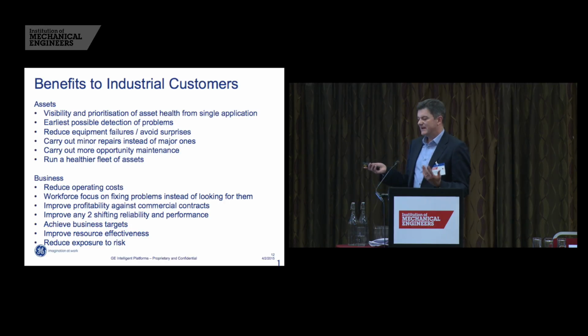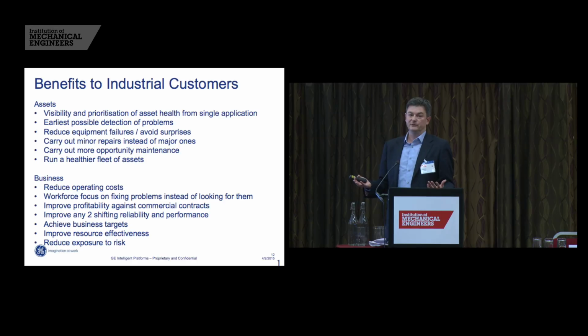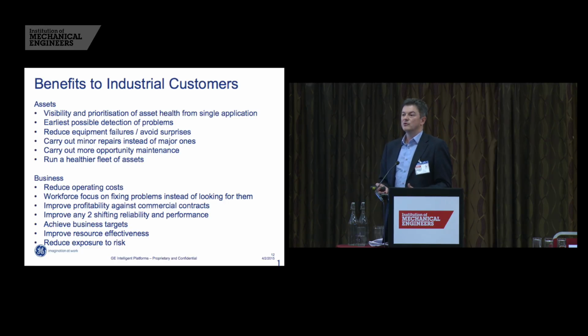And these are the very high level benefits to industrial customers. I mean, the big one that obviously our business tries to push all the while is avoiding catastrophic failure, which it will do, and I'm sure John can touch on some of that, on some of you guys here who know about SmartSignal. But some of the main ones for me are, I've got a background in the power industry, and it's these here, being able to carry out minor repairs instead of major ones, and carrying out more opportunity maintenance.